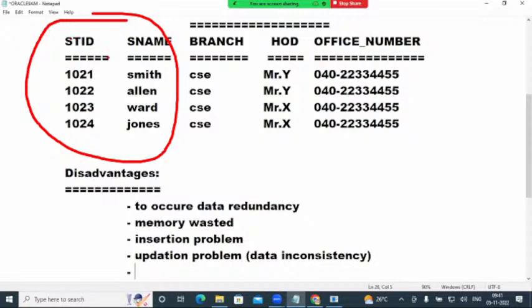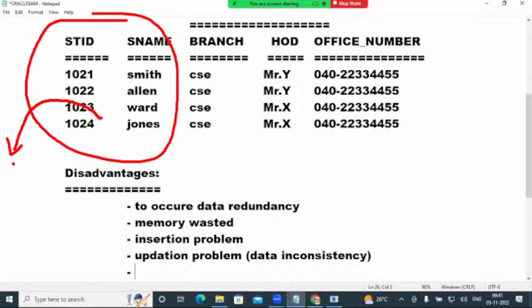The students have completed their course and left. Then the system admin wants to delete only the students' data. Which data do I want to delete? Only students' data, because the students are already gone. So I don't want their data.